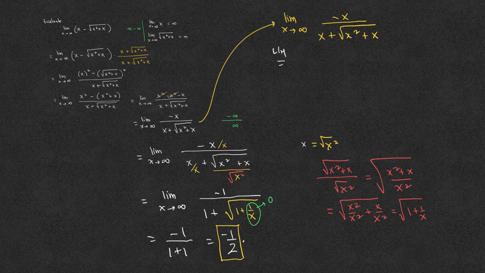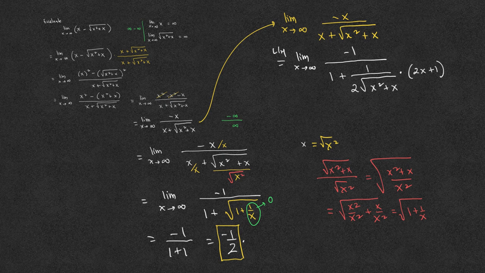To use it, we differentiate the numerator: the derivative of negative x is negative 1. And then we differentiate the denominator. The derivative of x is 1 plus the derivative of the square root, which is 1 over 2 the square root, and we multiply by the derivative of the inner function of the radical, which is 2x plus 1.